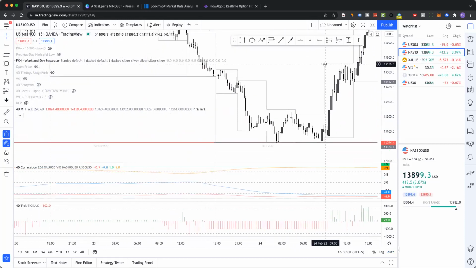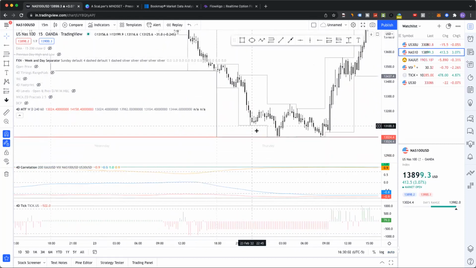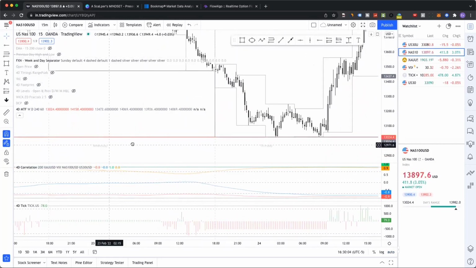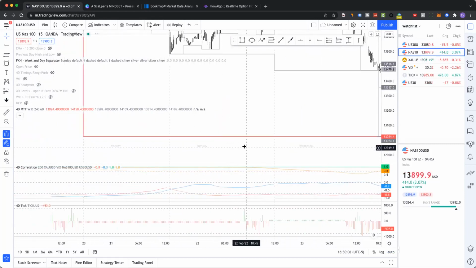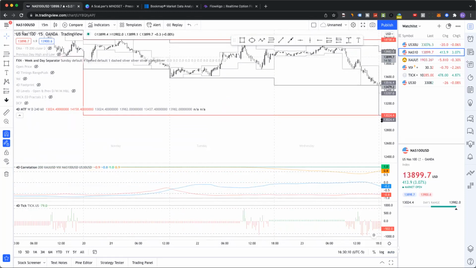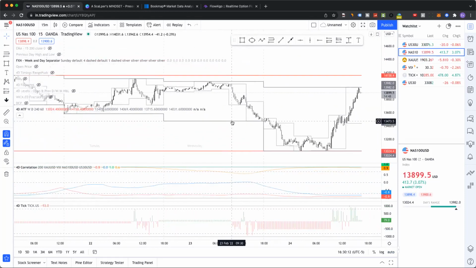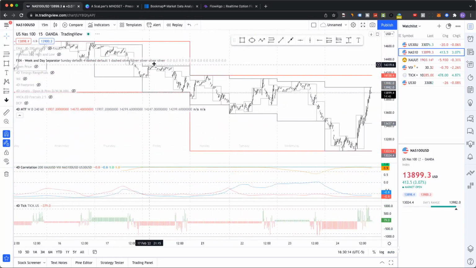I like the FXCN week and day separator because it tells me, okay, this is Thursday, Wednesday, without me having to manually look back and understand which day it is, Tuesday, Monday. Okay, so I can look at that. If you look, we have a Monday high of the week, trading into Thursday's low, midweek reversal. So it just makes it easier to see.